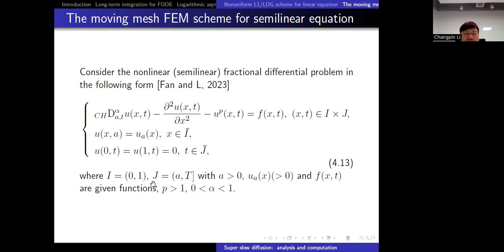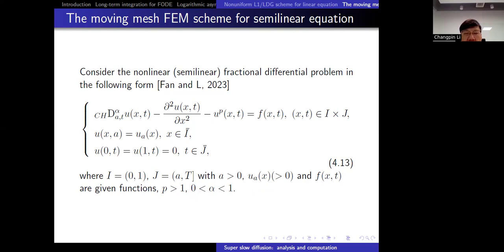So we can find this solution from A to capital T. Here A is positive, and U_A is positive. Since here we have u to the p, we must impose that the initial value u_0(x) is not negative.